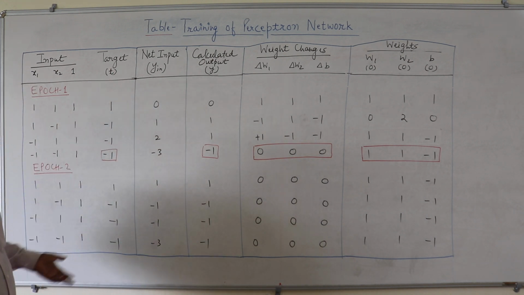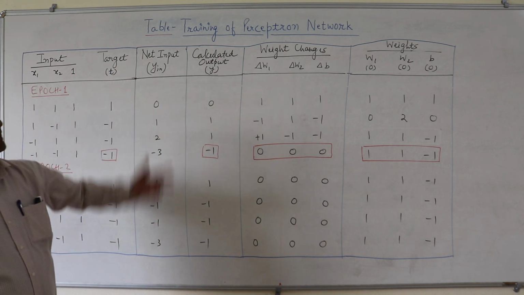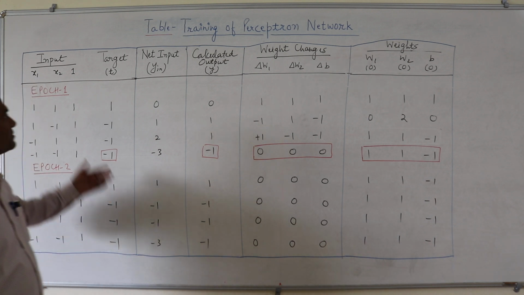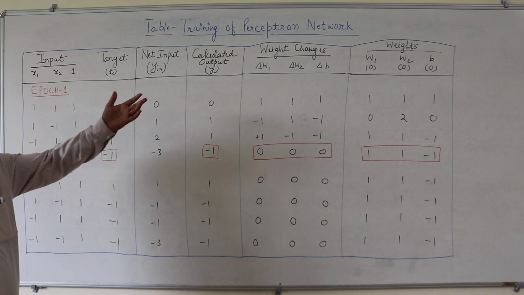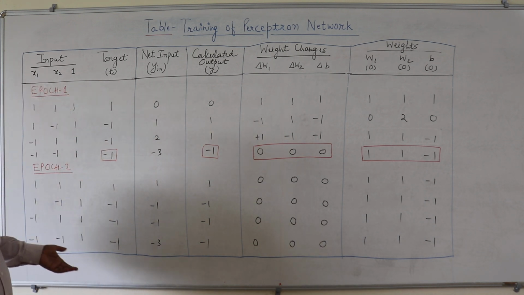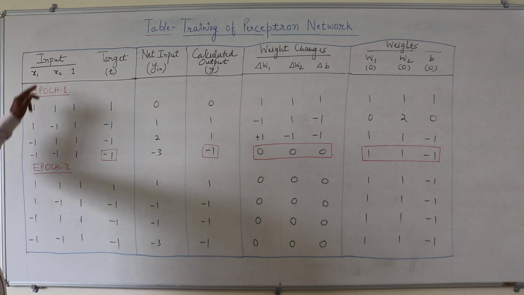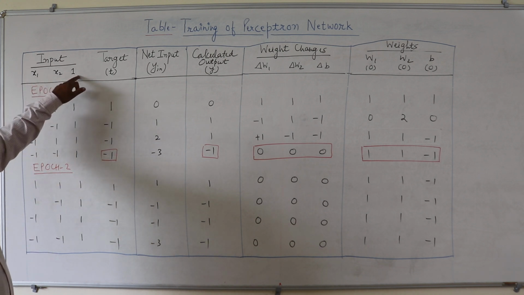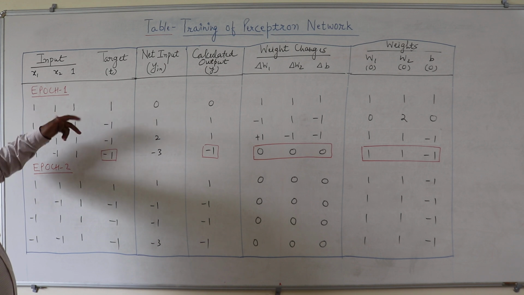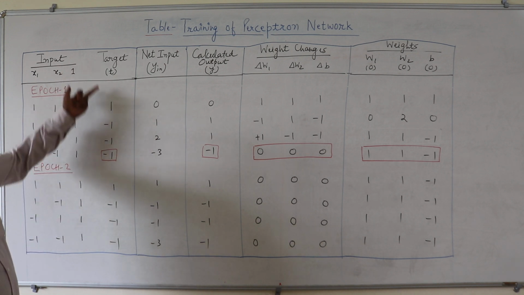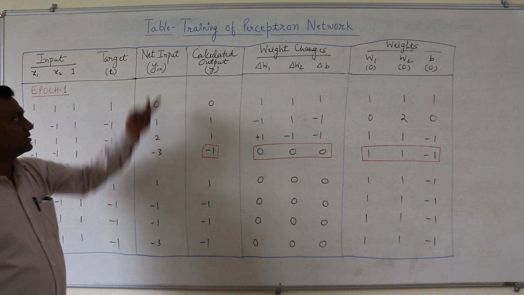So this is the table for training of perceptron network. In this we have shown all the parameters that we have taken in this problem of AND function using the perceptron network. This is input. We have taken 2 inputs, x1 and x2. This is the bias input, which by default can be taken as constant. This is the target value, t.